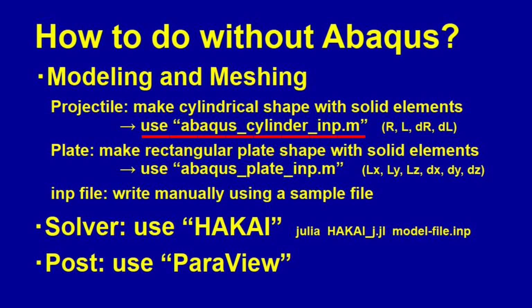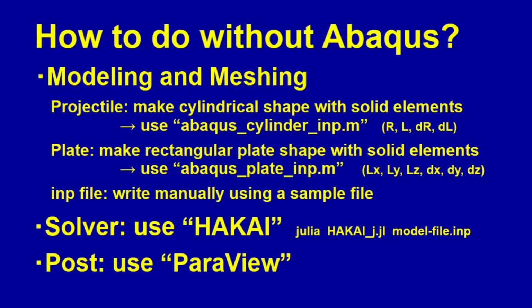Using this program, we can get the data of nodes and elements by only inputting the size and the number of element divisions of the cylindrical shape. In the same way, using Abaqus Plate Imp.m, we can get the data of nodes, elements, and the set of nodes for fixed boundary conditions for the armor plate.